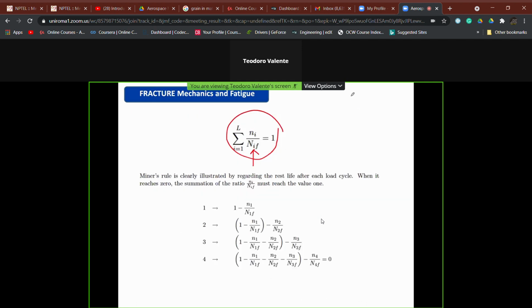Because the sum equal to 1 means failure of the component, like it is reported in this example, where we do have, after the 4th cycle, this residual life, etc. When the residual life, with the same approach, becomes 0, that means that we have reached the failure of the component.